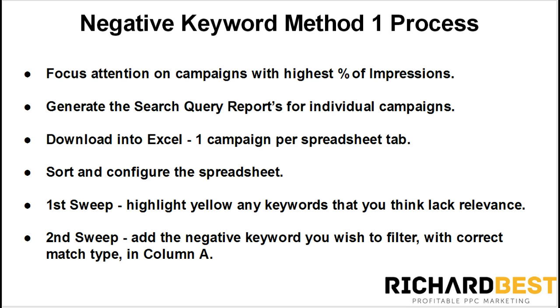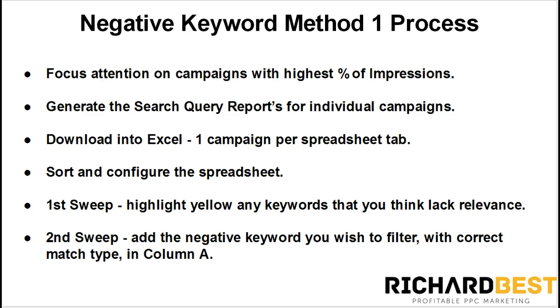This just simply organizes our data in a way that makes it easier for us to then run through the following process. So we then sort and configure the spreadsheet, and I'm going to show you shortly how we do that, but that just sets it up in a way that enables us to run through this process. Then we have a first sweep where we highlight in yellow any keywords that you think lack relevance.